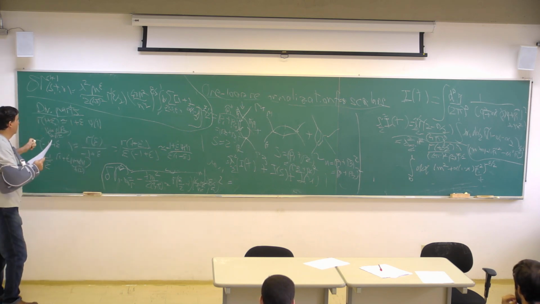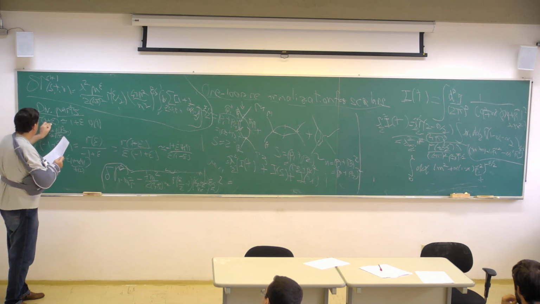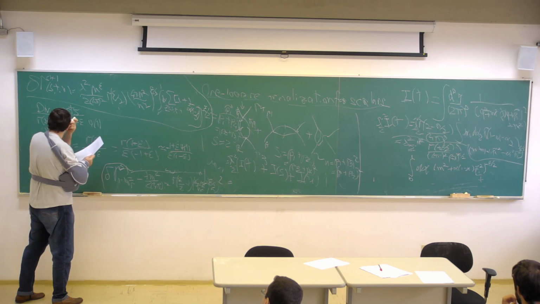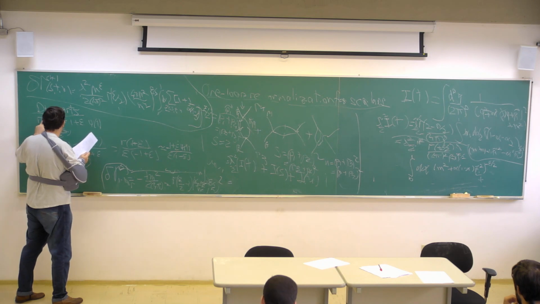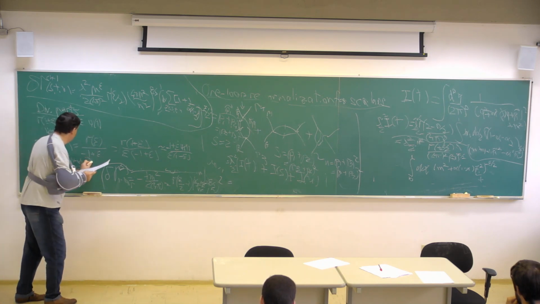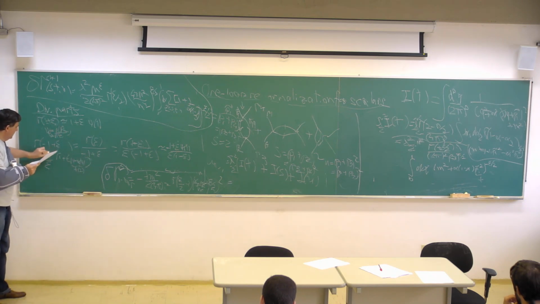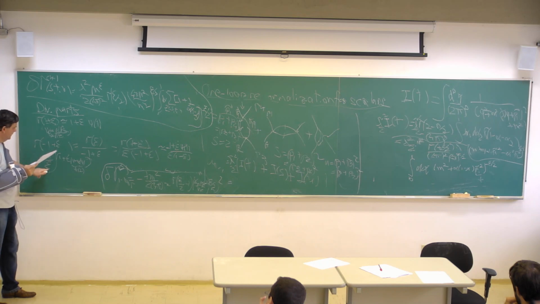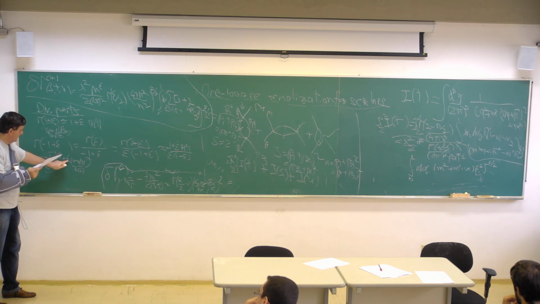Well, if you apply this one more, so anyway. So the point is we have the divergence minus 1 over epsilon, and then I have the 1 that gives the divergence plus epsilon times something.